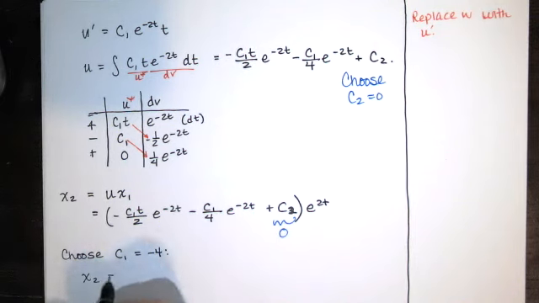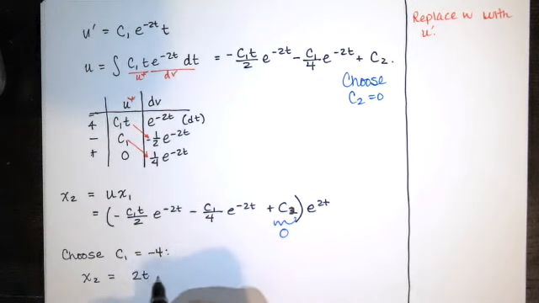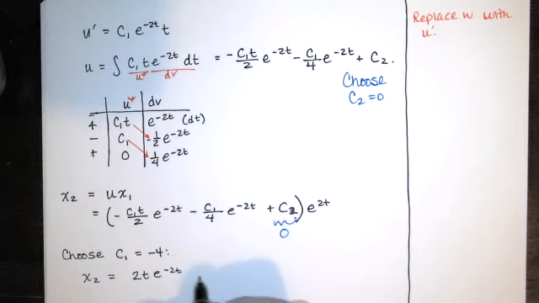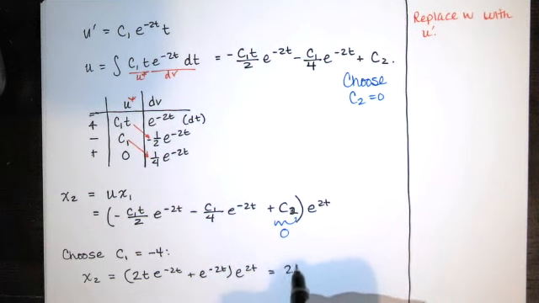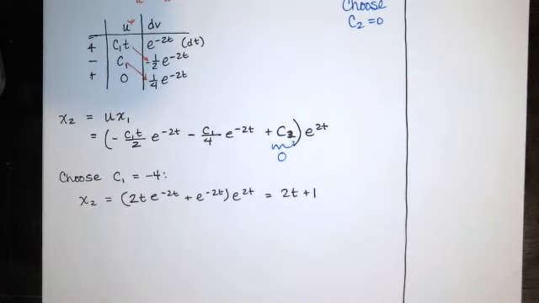Then x2 is going to be -4 divided by -2, which is positive 2t times this exponential. And -4 divided by -4 is just going to be 1 times the exponential. And we're multiplying that by e to the 2t. So it's going to give us 2t plus 1 as our x sub 2.